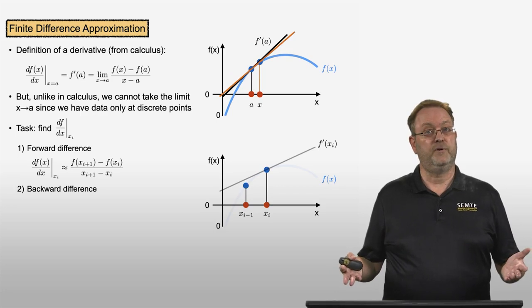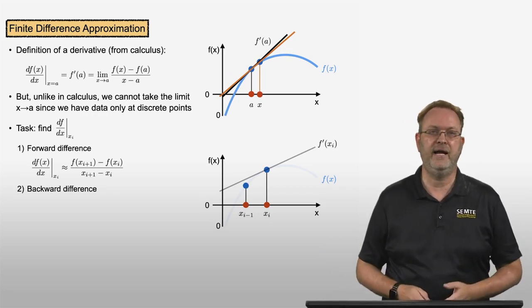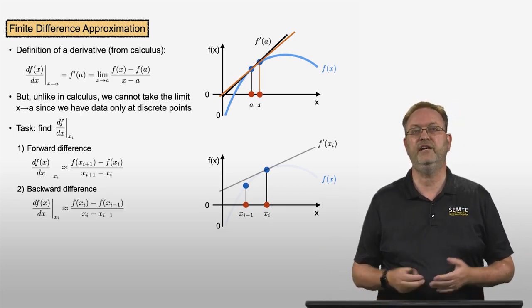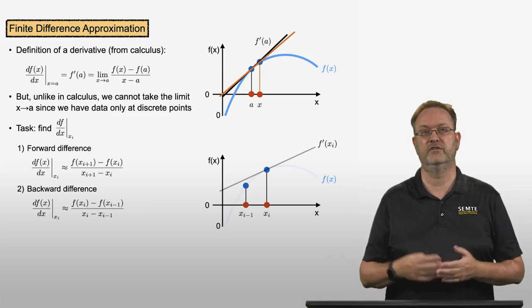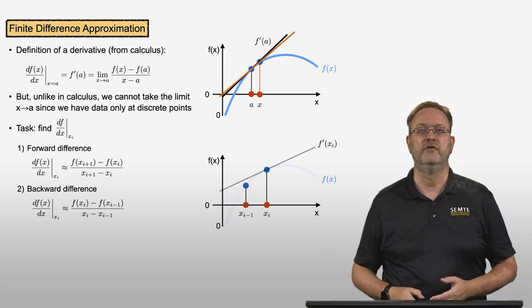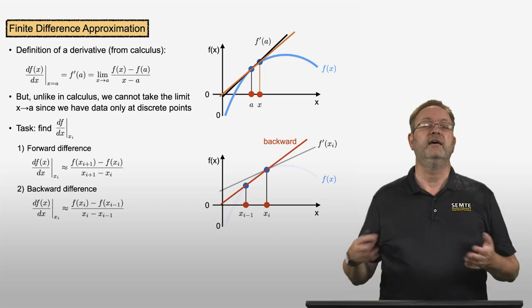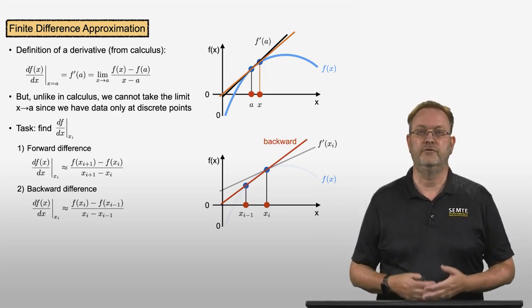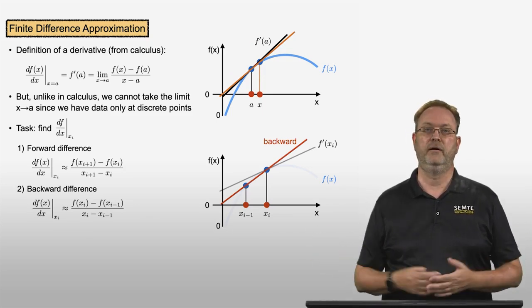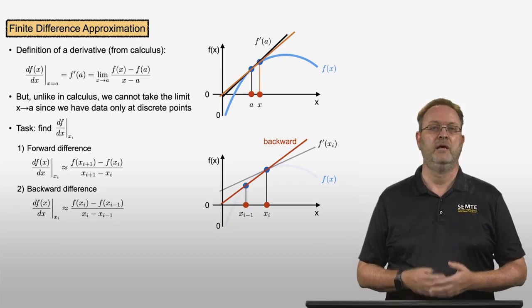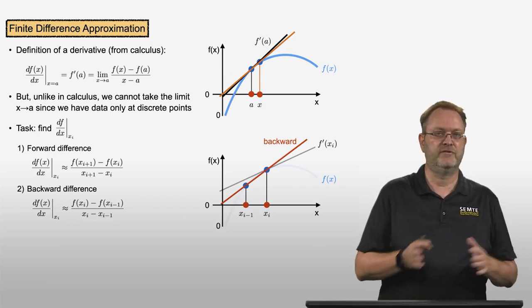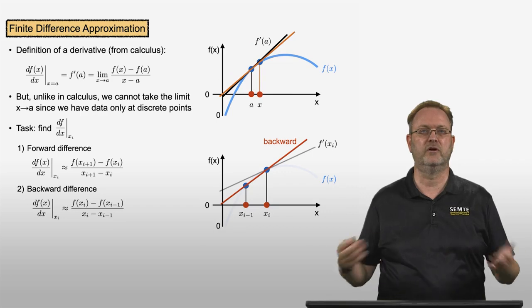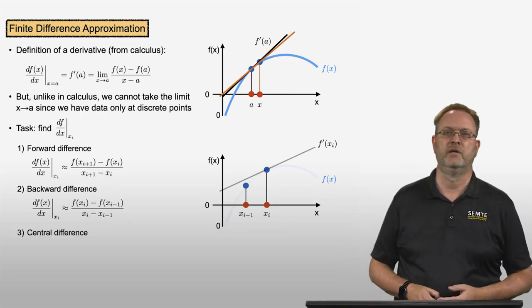And there the closest point would be xi minus 1. And if I use the definition from calculus as this slope of the line that goes through these two function points, that would then be my approximation to the actual tangent line slope at xi. And because we go backwards in the negative x direction, this is called backward differences.